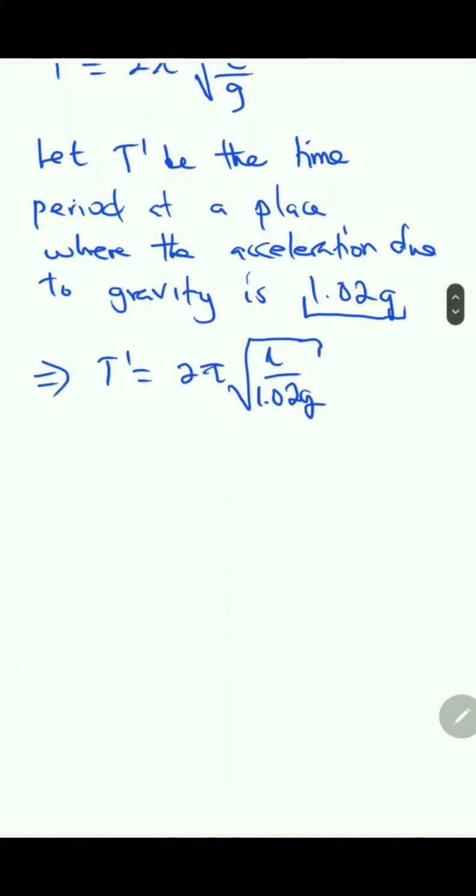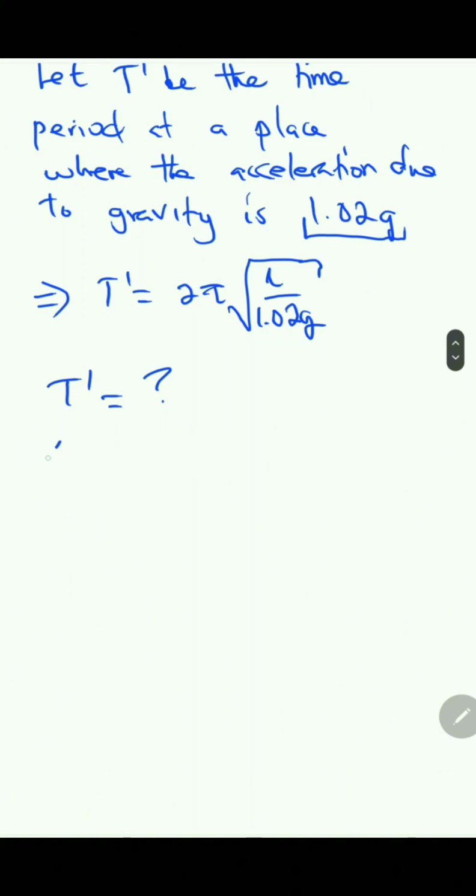Okay, so now what we are looking for is T prime, hence we're going to come up with an expression. To know what T prime is, we'll come up with a relationship between T prime and T.